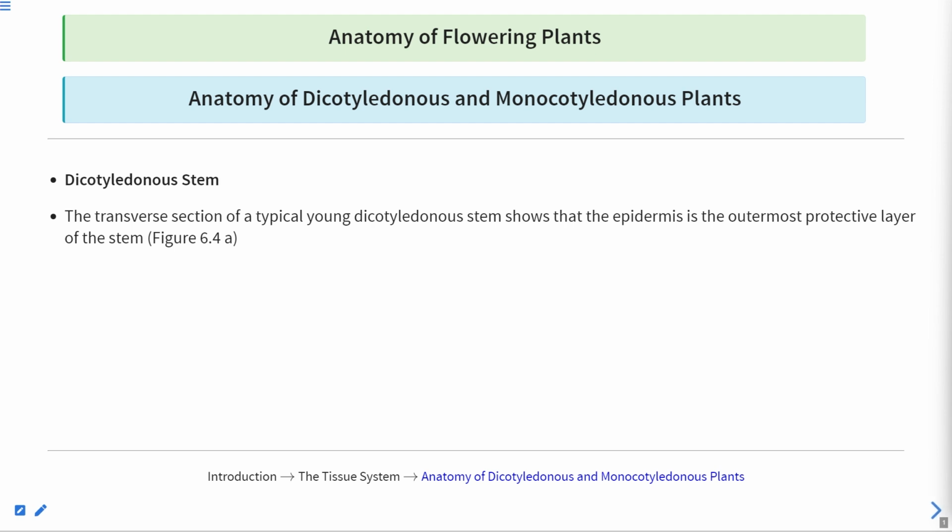To study the dicotyledonous stem, we need a transverse section. We have to see the transverse section of any typical young dicotyledonous stem. So first of all, you take a dicotyledonous stem and cut the transverse section of it. Now, how to cut the transverse section?